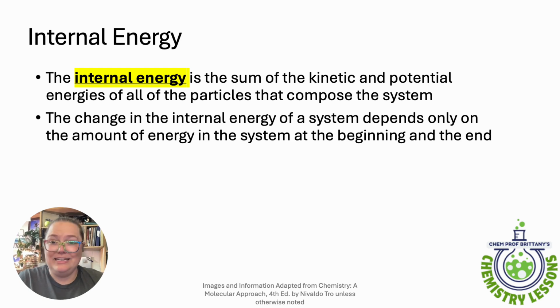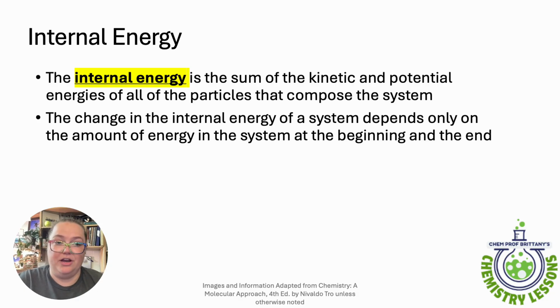So the internal energy is the sum of the kinetic and potential energies of all particles that compose a system. So the change in the internal energy of a system depends only on the amount of energy in the system at the beginning and at the end. So you will notice that on the previous slide, I said initial and final.